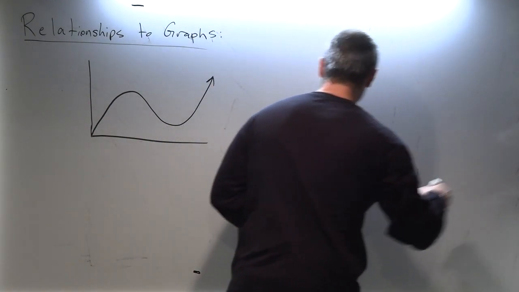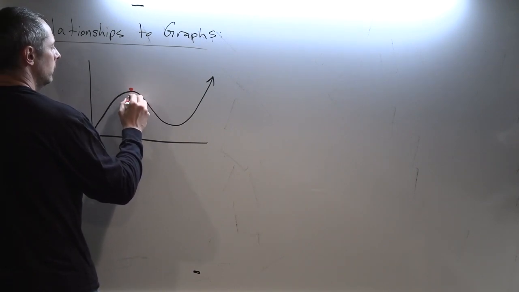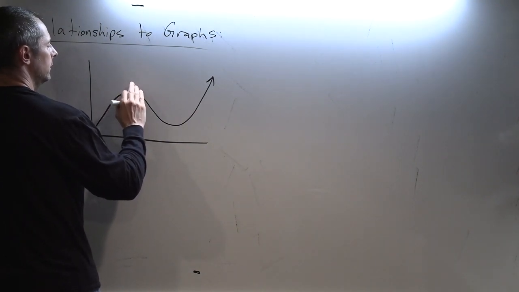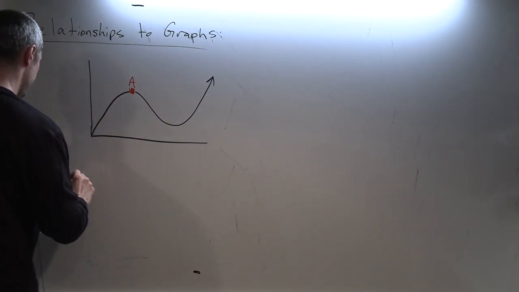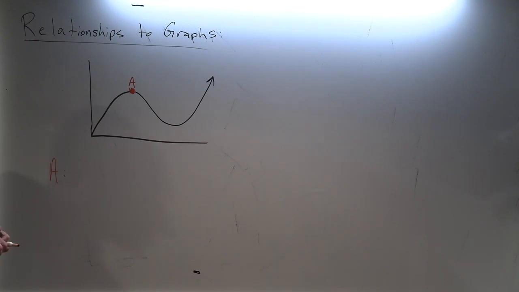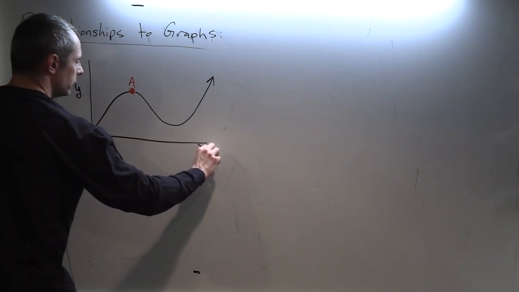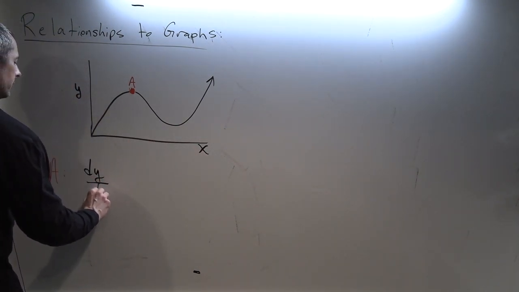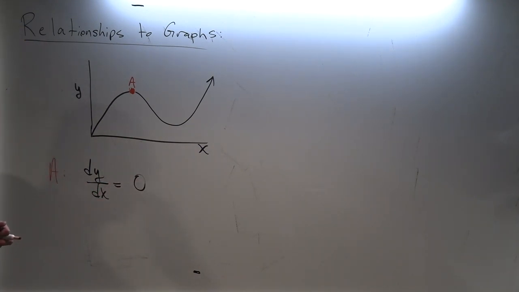So at this point right here, maybe I'll make this point A. At A, what's true is the derivative is 0. Oh, I forgot y and x. dy dx equals 0 at that point.